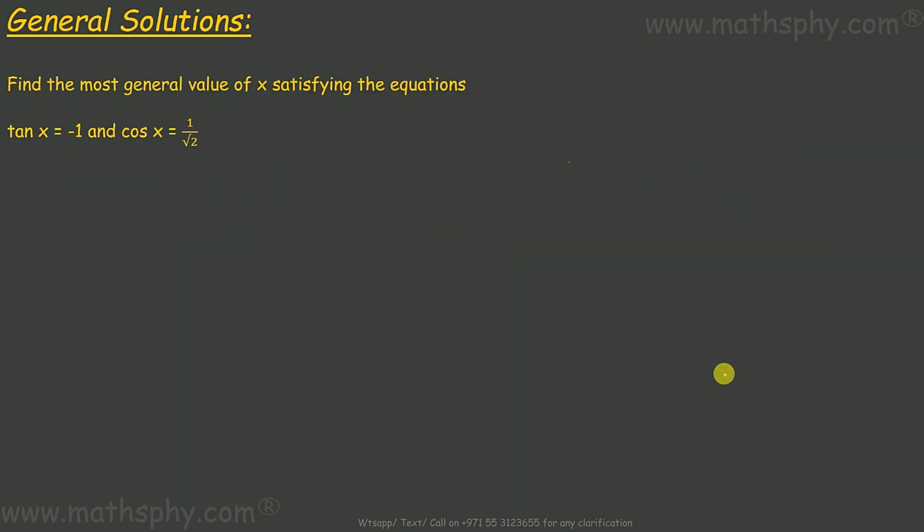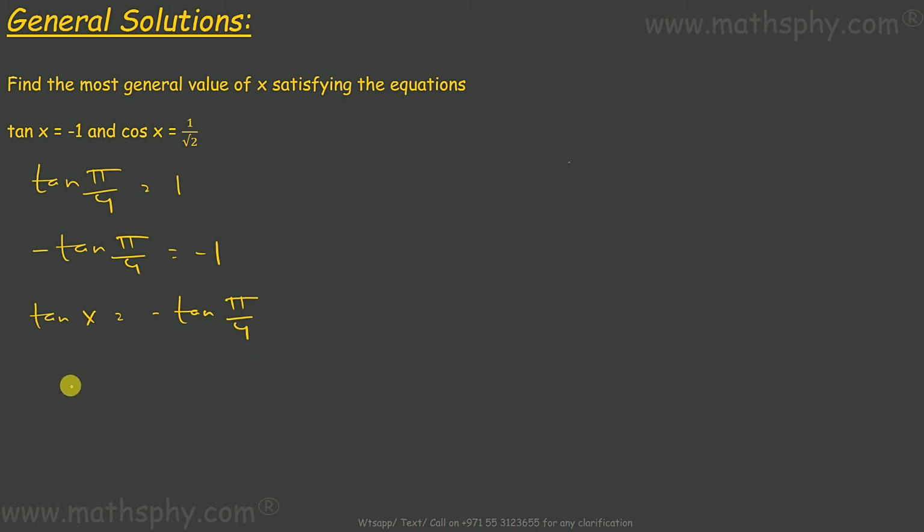Alright, this one here says find the most general value of x satisfying the equations. We have been given tan x equals negative 1 and cos x equals 1 over root 2. Okay, we know that tan pi over 4 is 1. It means negative tan pi over 4 will be negative 1. So here tan x is equal to negative tan pi over 4.